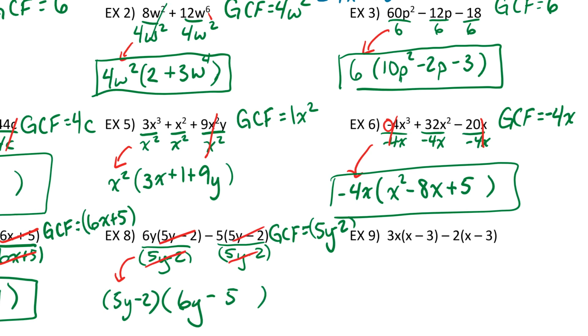All right, last one. The GCF is x minus 3, so we divide each of these by x minus 3.